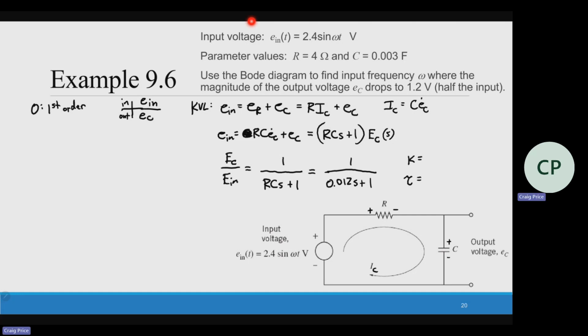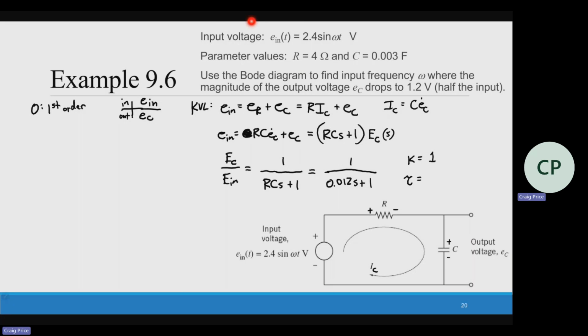Are we in standard form? Just in standard form? It is. I have the 1 right there. That's something s plus 1. So K is just whatever the numerator is. K is equal to 1, which means that at low frequencies, the output is going to equal the input amplitude.